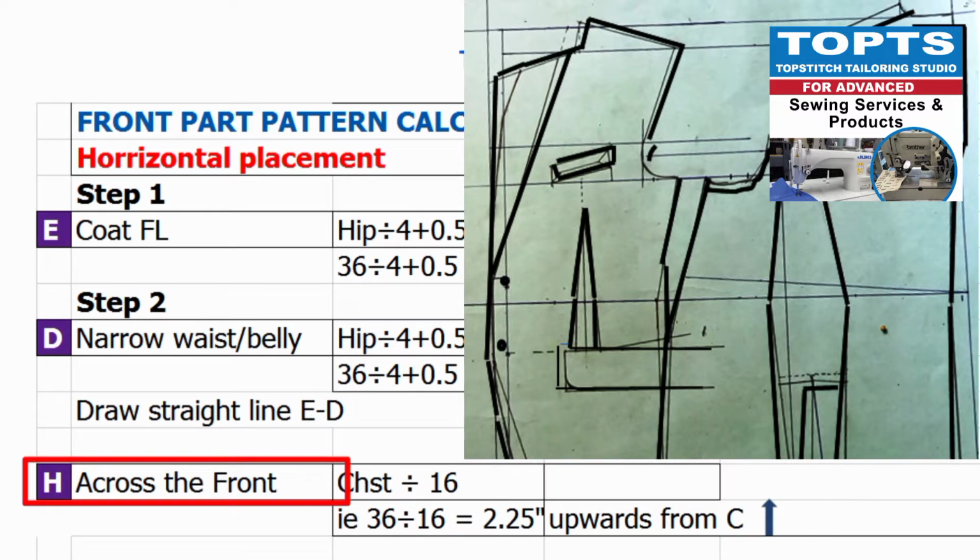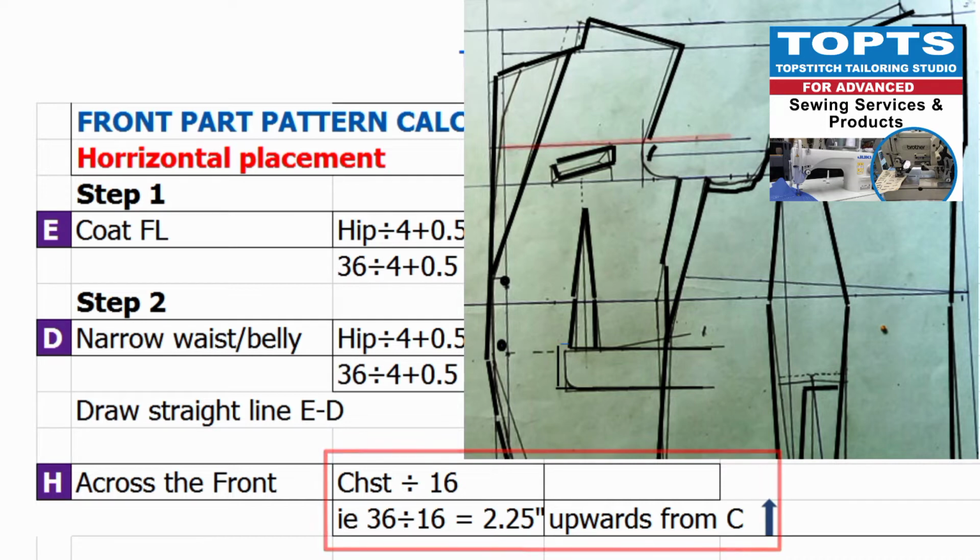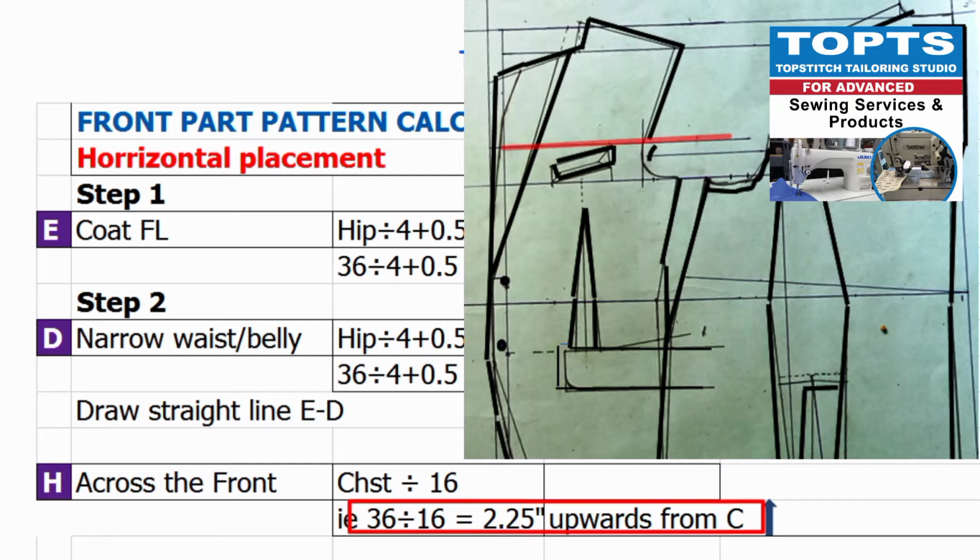As I explained to you in the previous video, to get this line H across the front, you're going to get chest measurements divided by 16. Why do I give you chest measurements? I give you chest measurement because they vary. Like now in this case study of mine, I'm using 36 inches divided by 16, but you may find you've measured a client, he has 40, 30, 20, 50.